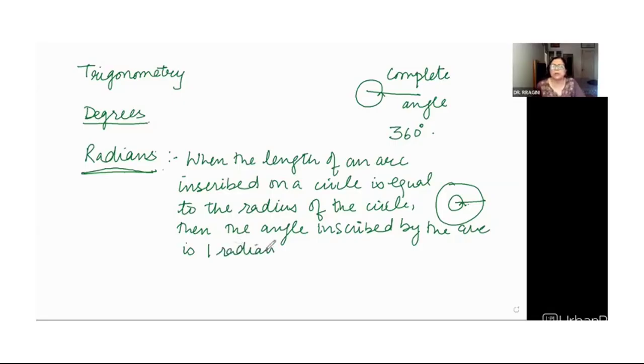Now this is the definition of 1 radian. How do we define 1 radian, right?